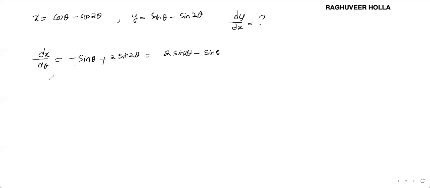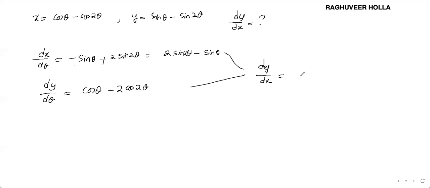Then dy by d theta gives cos theta minus 2 cos 2 theta. So dy by dx will be cos theta minus 2 cos 2 theta divided by 2 sine 2 theta minus sine theta.